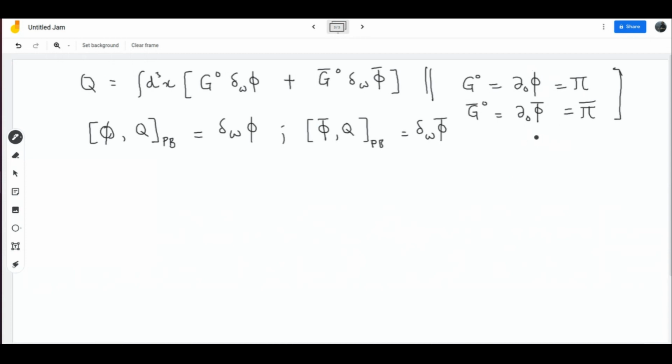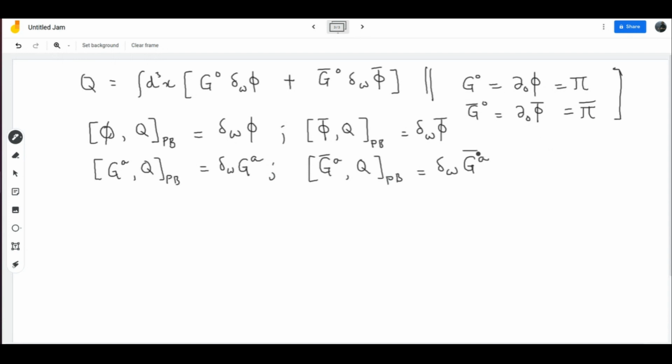You can also verify that acting on G^A and G^A bars, the Poisson bracket of G^A with Q is indeed delta omega G^A, and so on, as you would expect. So acting on all the fields, the Noether charge Q generates the correct U1 transformation.